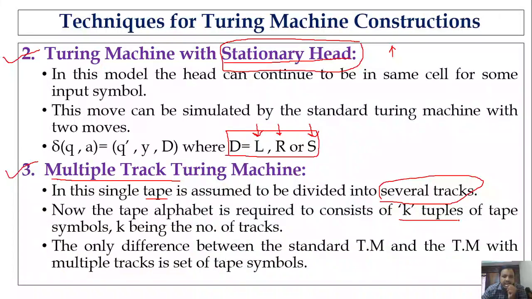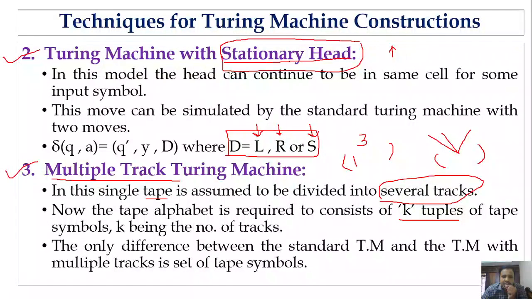So the tape alphabet consists of k tuples. Here we are dividing the input tape into several tracks, so we read the input symbols from the several tracks, and the tape symbols are represented by tuples, based upon the number of tracks. Let me say I have divided the input tape into three tracks. When I read the tape symbols, I will get them as three tuples.